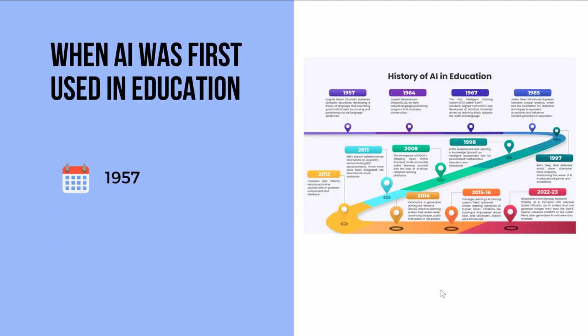When OpenAI first introduced ChatGPT in the last few months, some people thought that it was the first time for us to use AI in education, or maybe AI in general. If you search or Google the history of AI in education, you find out it was first used in 1957.